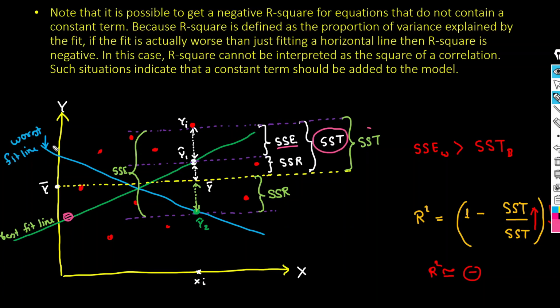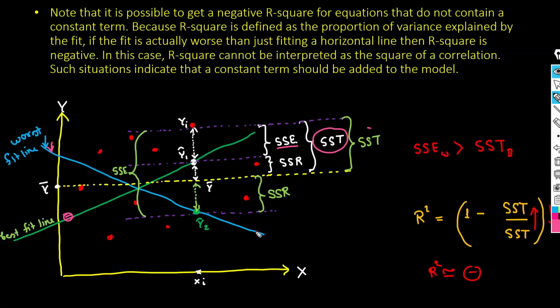If I draw this worst fit line and calculate all these values, SSE, SSR and SST, this worst line will not give the best predicted line. It will have lots of error, so we will get lots of error in our model.